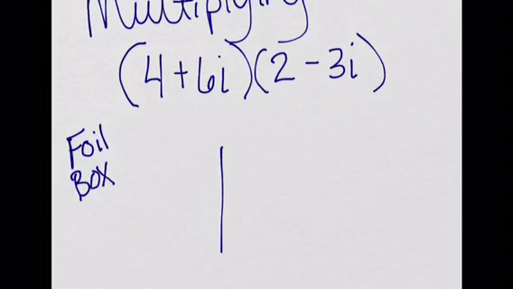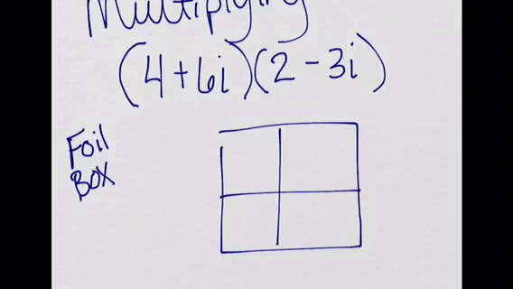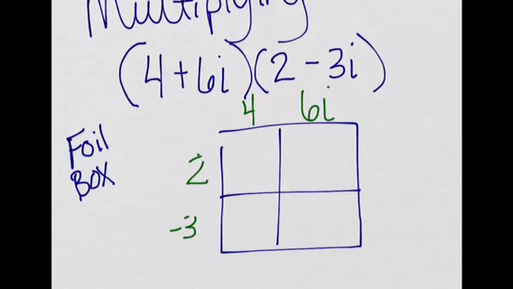So here is my box that I'm going to use. Okay, and I multiply into the box. So I'm going to put a positive 4 and a positive 6i across the top, and a 2 and a negative 3i across the side.